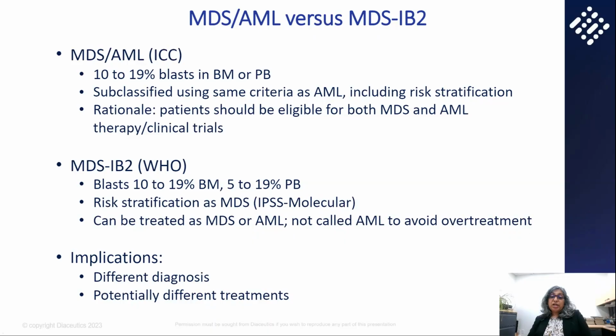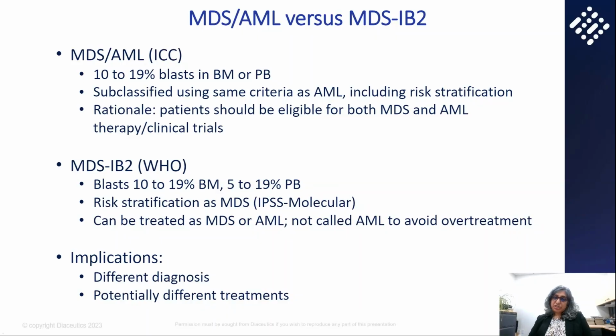These cases would fall under MDS with increased blasts 2 based on the WHO classification. And for these cases, the risk stratification is similar to what we would use for the rest of MDS cases, which is the International Prognostic Scoring System. WHO also states that these cases can be treated either as MDS or AML, but did not want to use the terminology of AML to avoid overtreatment of these cases.